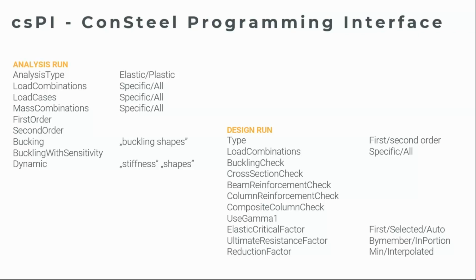So you have to set the type of the analysis, elastic or plastic analysis, that you want to run, and which combinations you want to use. If you name combinations by their IDs, you can do the analysis only for those combinations. If you don't do that, all of the combinations will be used. This is true for the load cases and the mass combinations also.